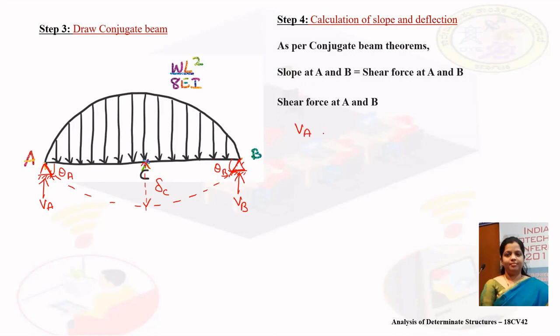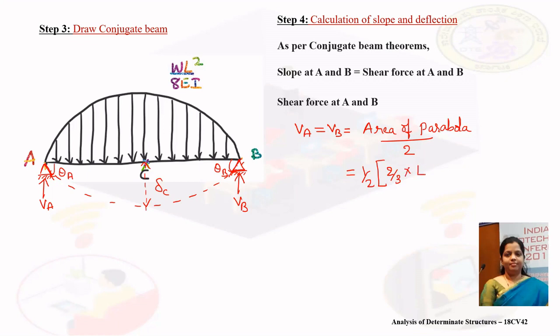Since our parabola is symmetrical, both VA and VB will be same. Therefore, VA will be equal to VB. This will be equal to area of parabola divided by 2. Area of parabola is 2/3 of base into height.